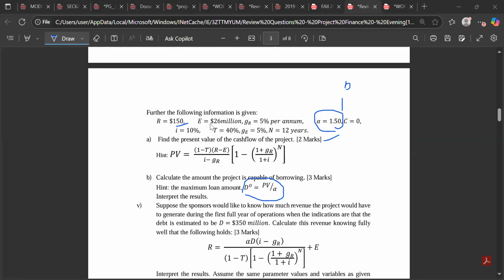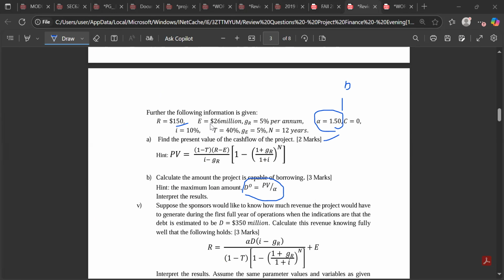May I just ask something as well? Yes, go ahead, please. If I were to write that the project can only support up to 4,024,000 in borrowing while maintaining an interest rate of 10%, would it be wrong? That's a bit tricky because the 1.5 in the debt service coverage signifies the interest plus the principal.